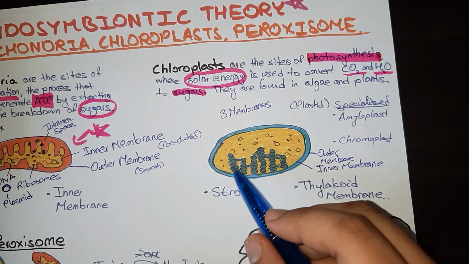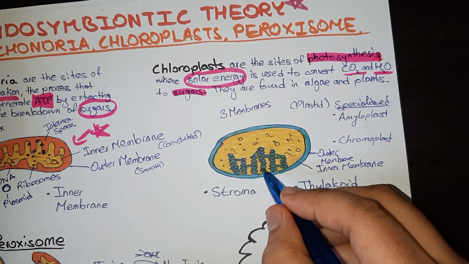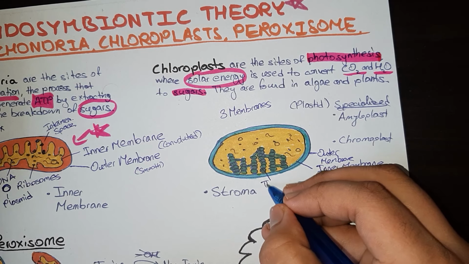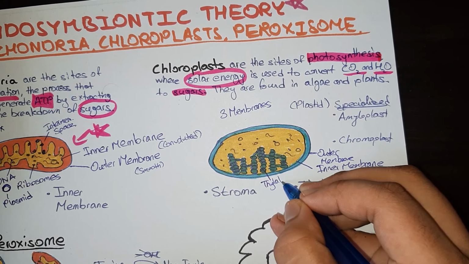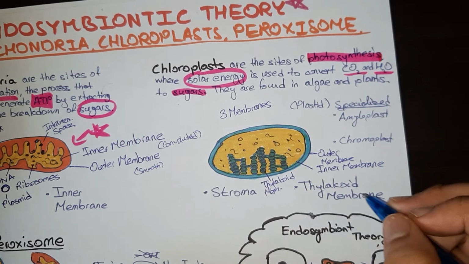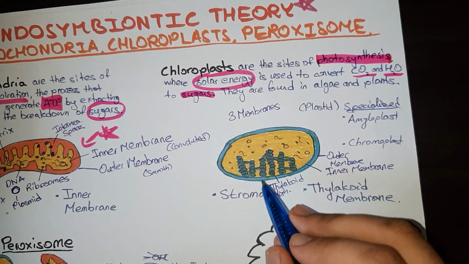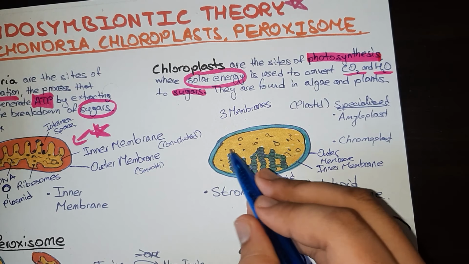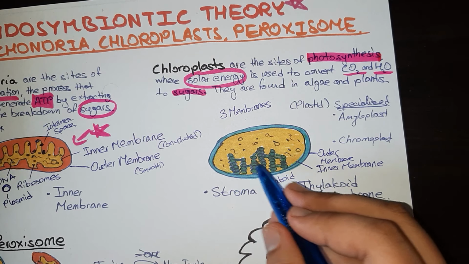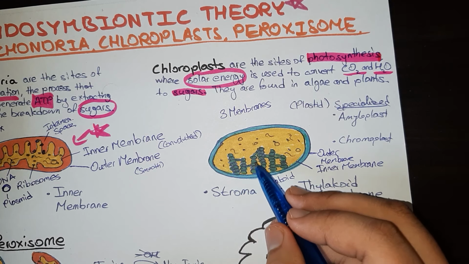You can see all these stacks inside the chloroplast, and this is called a thylakoid membrane. It actually looks like many coins stacked together, but all of this is enclosed by one membrane that is continuous throughout, which means all these stacks of coins are connected.